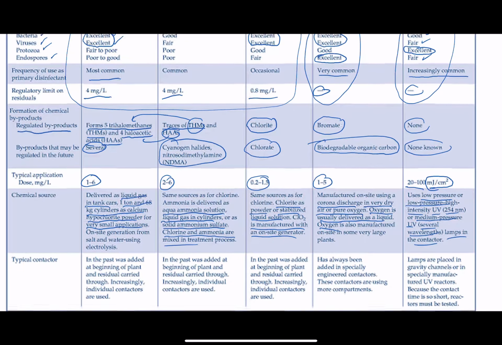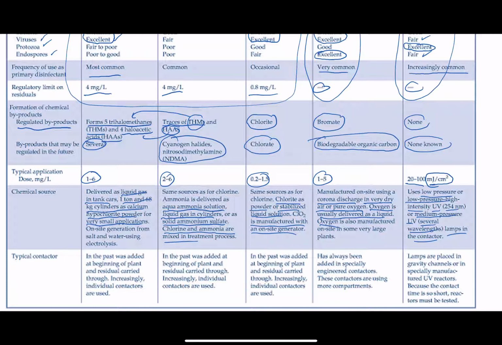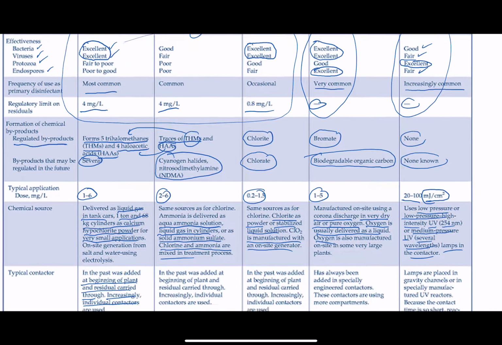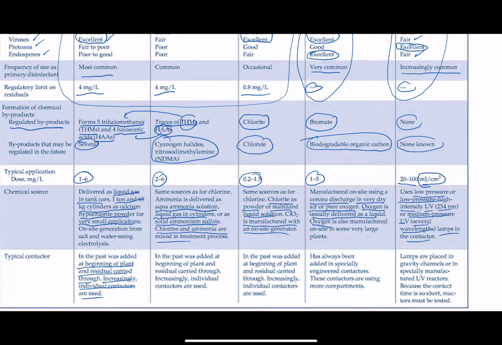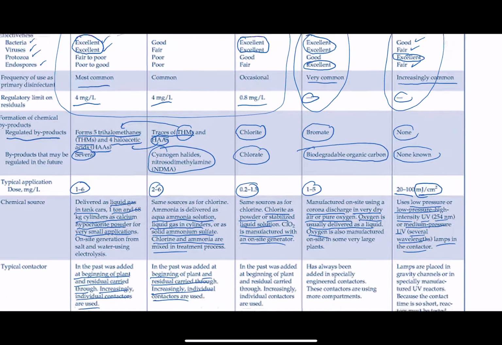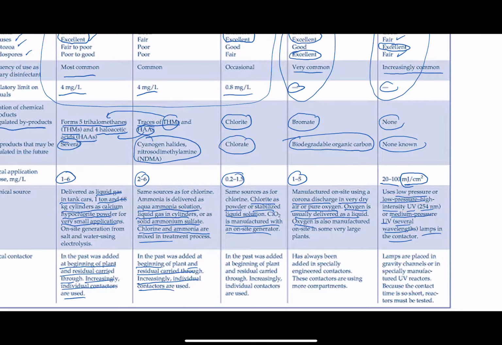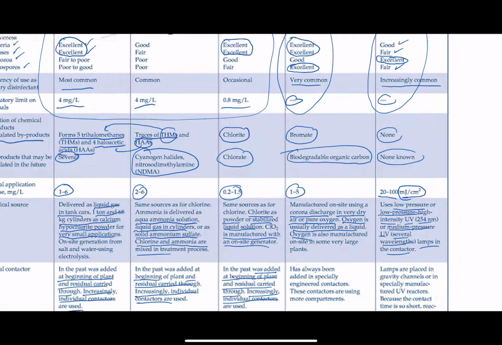For the free chlorine, in the past it was added at the beginning of the plant and the residual carried through. Increasingly, individual contactors are used. For the monochloramine, in the past it was added at the beginning of the plant and the residual carried through, and increasingly individual contactors are used. Also, chlorine dioxide in the past was added at the beginning of the plant and the residual carried through. Increasingly individual contactors are used.